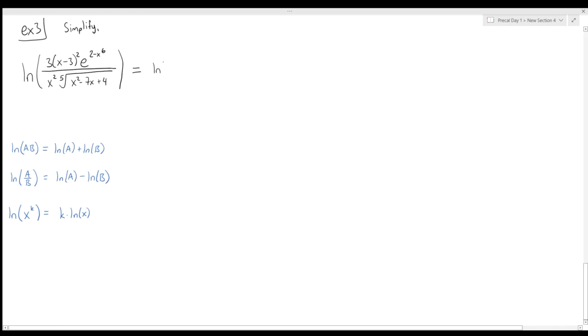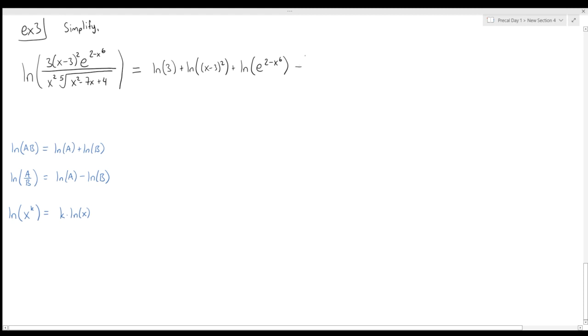So you can split this as natural log of 3. So starting with the numerator, you can do natural log of 3 plus natural log of x minus 3 squared, and plus natural log of the exponential. Now for the terms in the denominator, those are going to be subtracted according to this second rule here.